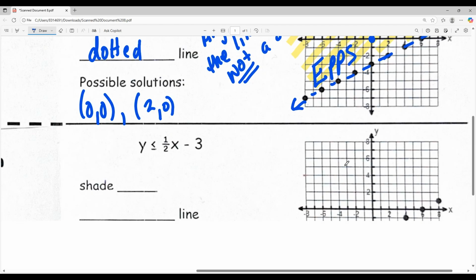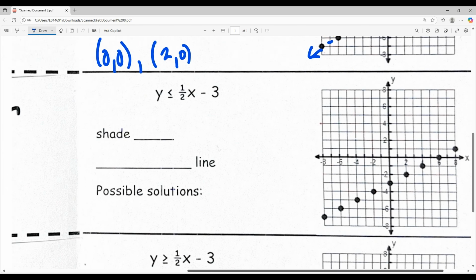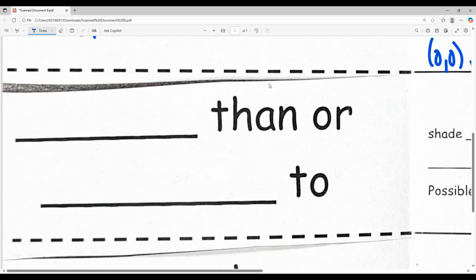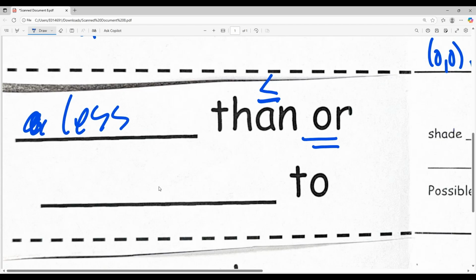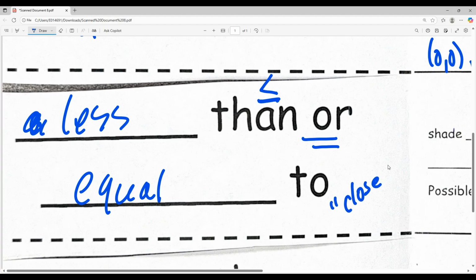Okay, now the next symbol we have is going to the left, but it has a line underneath, like an equal to. That is less than or equal to. To remind you, this is closed.